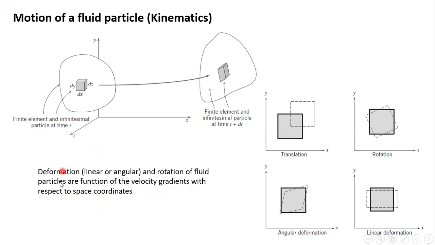And this will be explained in detail when we solve the problems on this chapter. Okay. So these are the main concepts and definitions that I want to discuss with you in chapter 1.